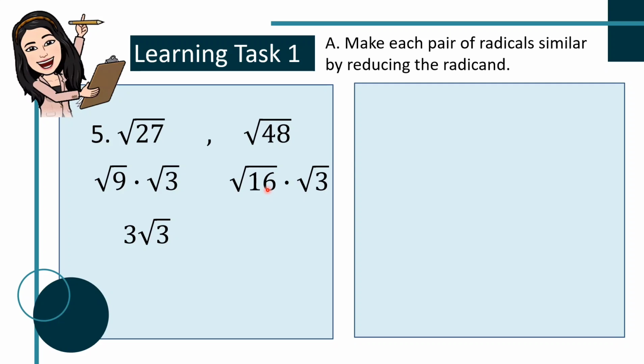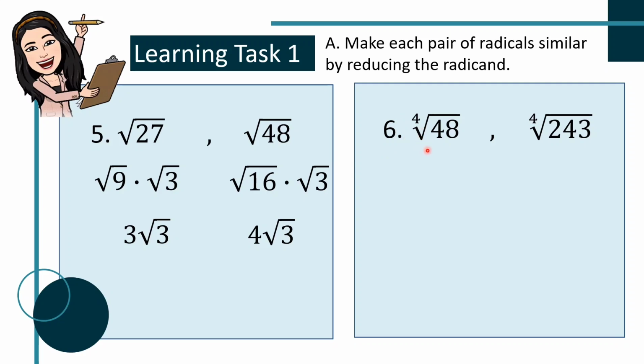Ang 16 ang ating perfect square. What is the square root of 16? That is 4, kapag in-extract. And then copy is square root of 3. So, therefore, ito yung pair natin of similar radicals. Okay, nakakahabol ba? Okay, good. So, let us proceed with the next example.